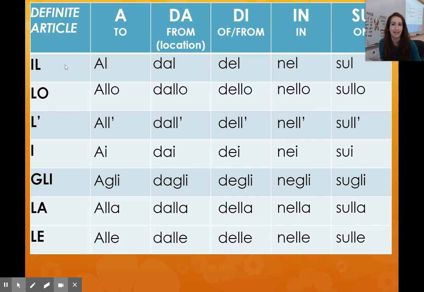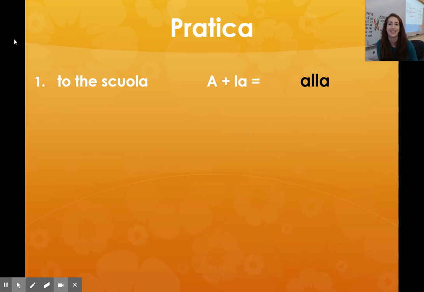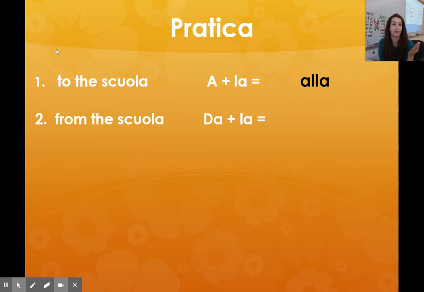So we'll do a little bit of pratica. I encourage you to either take a picture adesso or fill in your notes for some pratica. Pratica here, to the scuola. Using your chart, to the, alla becomes, well, alla combined. The next one, using your chart, let's see if you can figure it out.